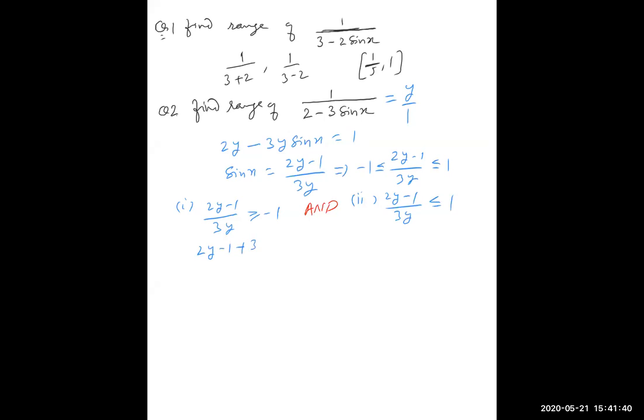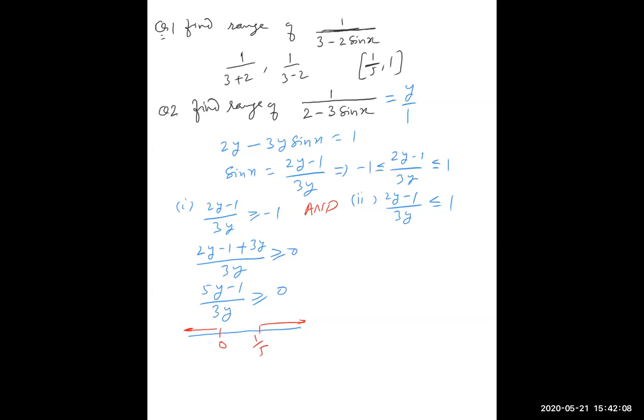Plus 3y upon 3y is greater than 0. So it is 5y minus 1 upon 3y greater than 0. So what are the roots of this? Wavy method. y is equal to 1 upon 5 and y is equal to 0. 0, 1 upon 5. These are the roots. So as per this, outside is positive.